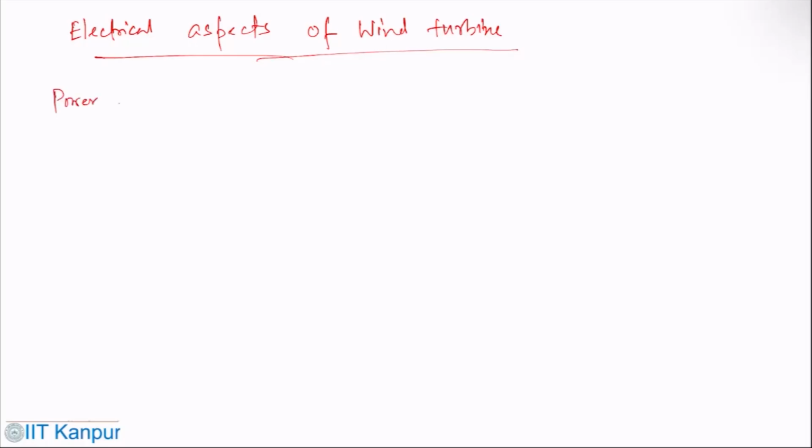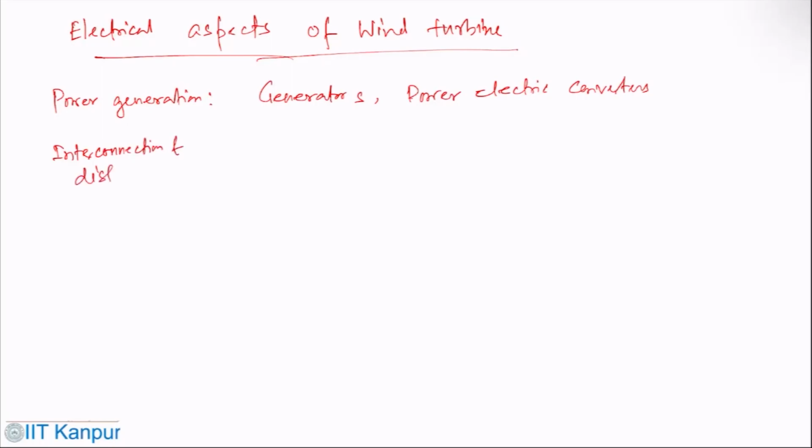Like you have power generation. So those are generators, electric converters. Then you have interconnection and distribution.